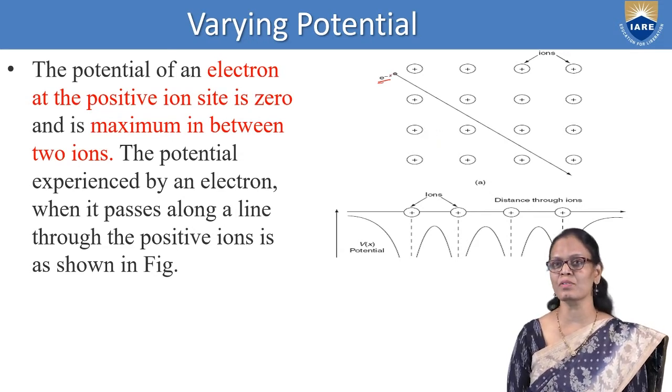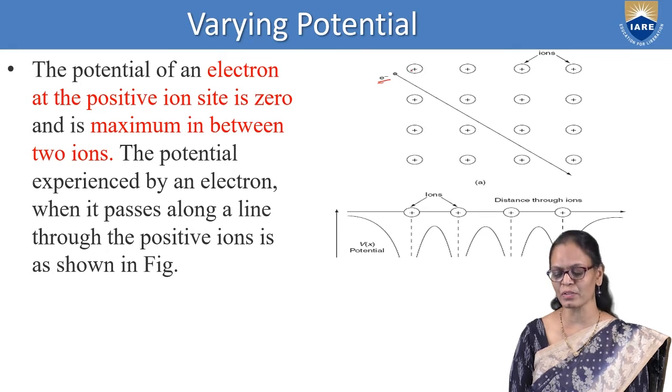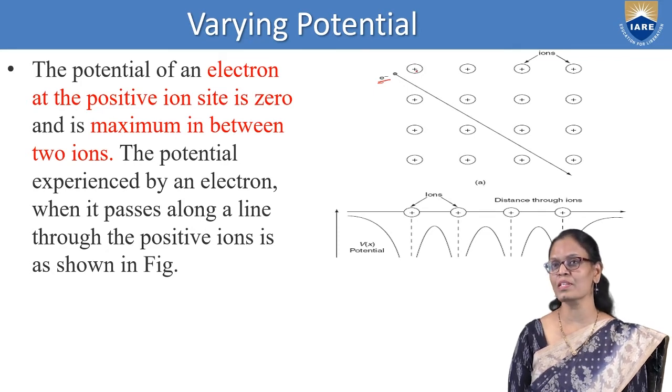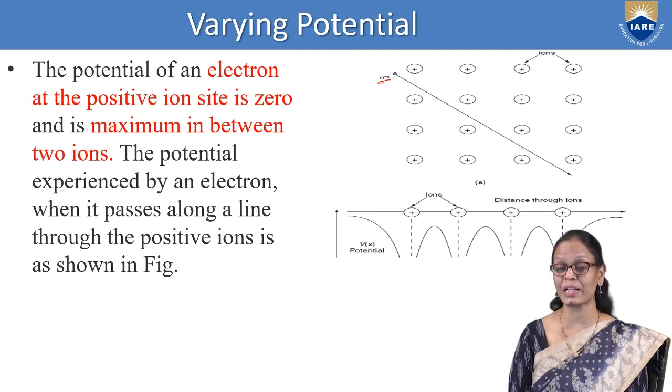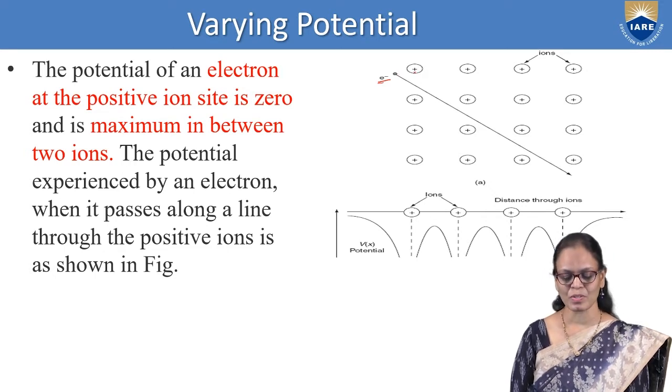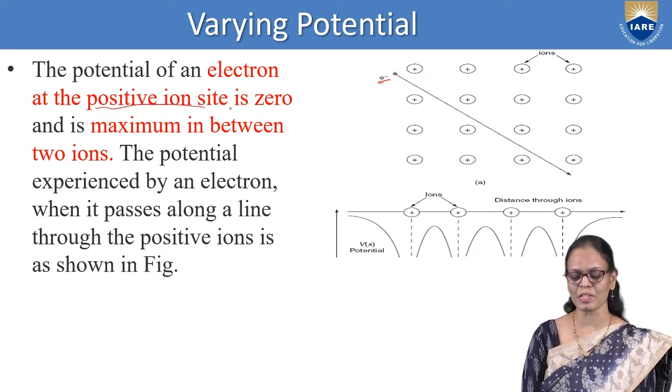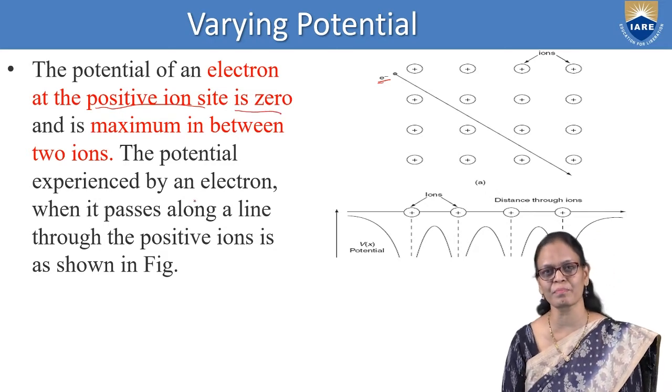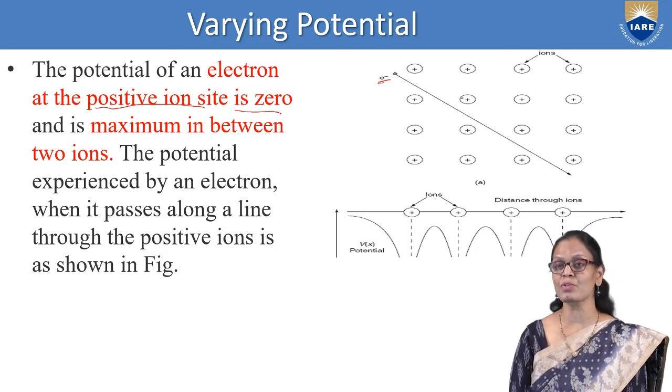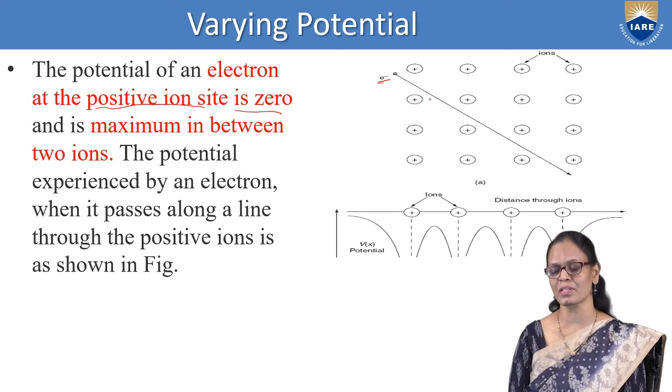Now, when this electron is very near to the positive ion, because of the interaction between this negatively charged electron and the positive ion, the potential is minimum. So, at the positive ion site it is 0 or minimum, and in between two positive ions it is maximum.